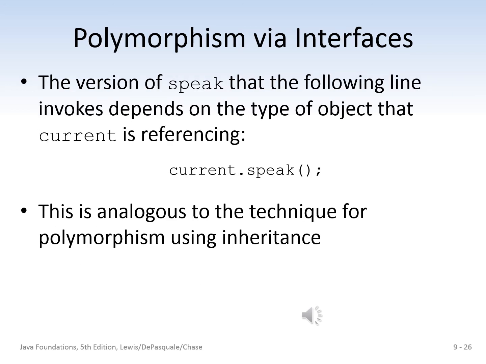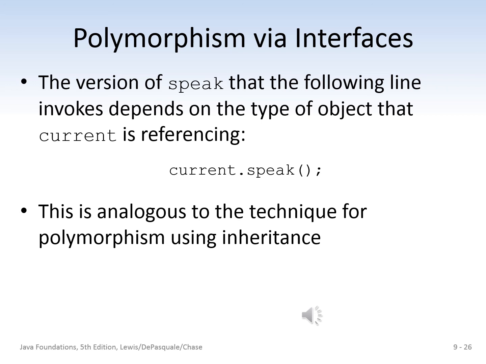So here we have current invoking the speak method. Remember, current was an object reference variable created from the Speaker interface. Any class that implements the Speaker interface can use current as an object reference variable to an object of that class.